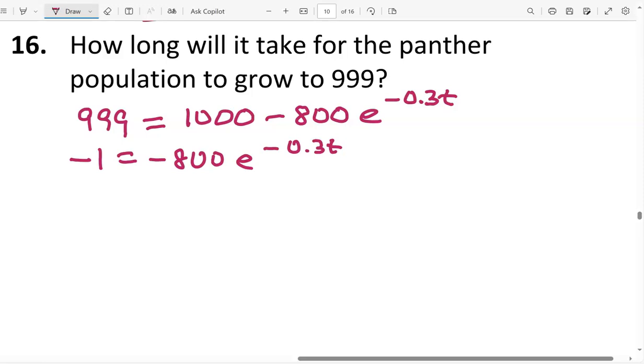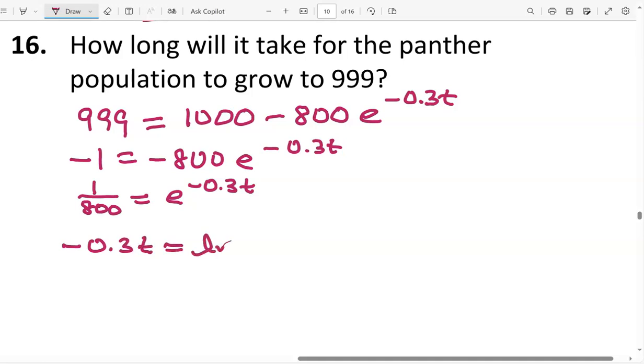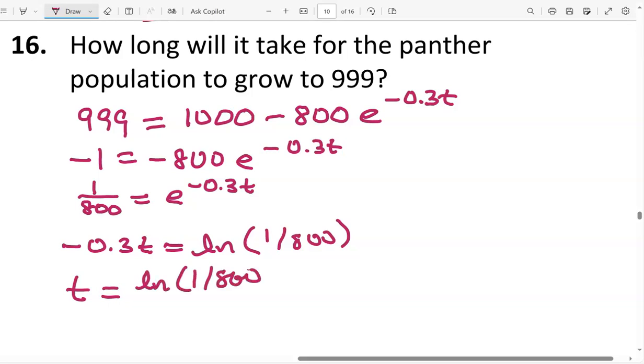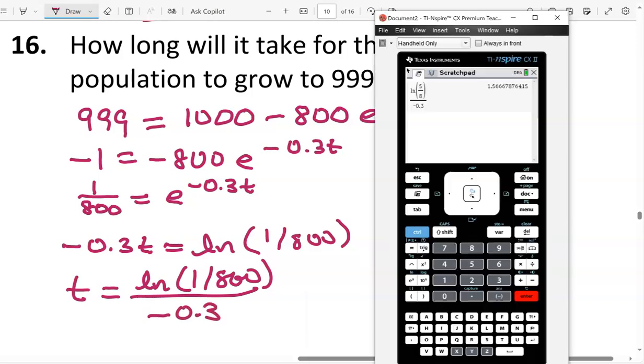And then dividing by negative 800, we get 1/800th is equal to e to the negative 0.3 times t. If we want to solve for the exponent, negative 0.3 t is equal to the natural log of 1/800th. And then dividing by negative 0.3, we get natural log of 1/800th divided by negative 0.3. That's our calculator ready form answer.